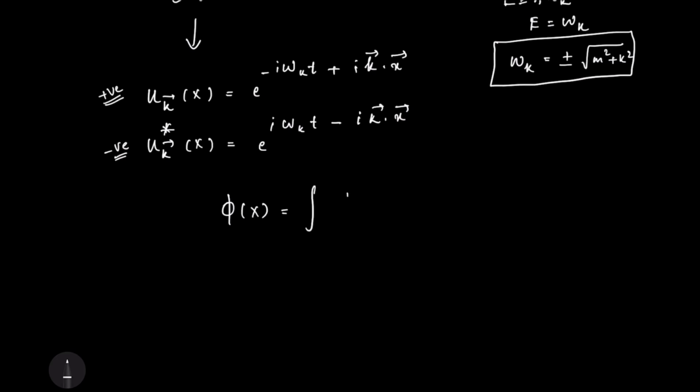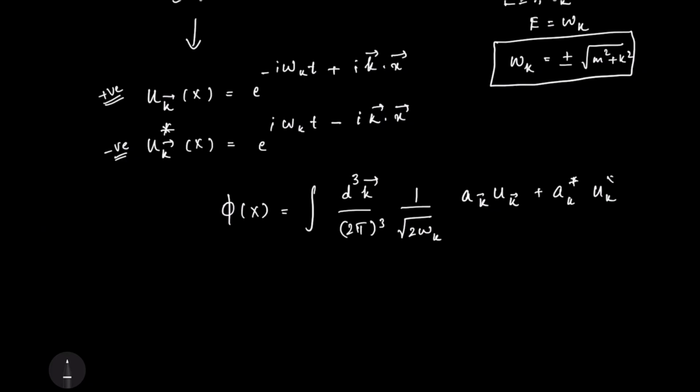integral d^3k by (2 pi)^3, 1 by root of 2 omega k, ak uk plus ak star uk star.